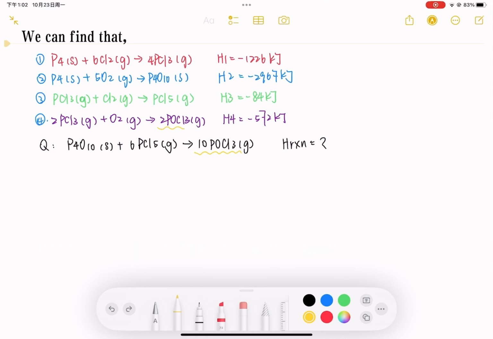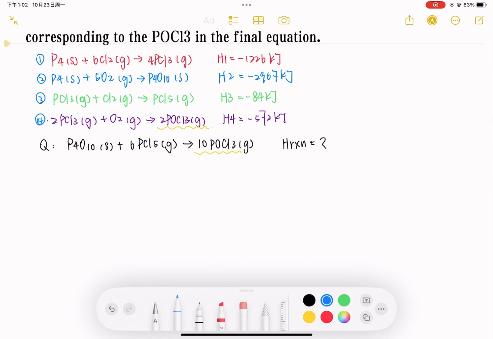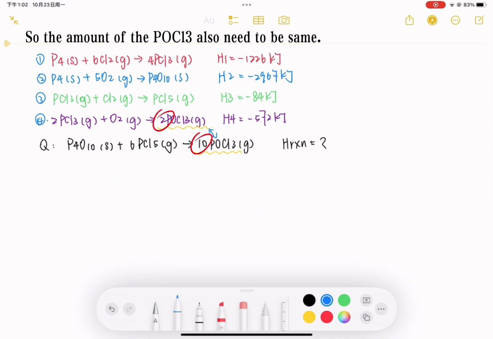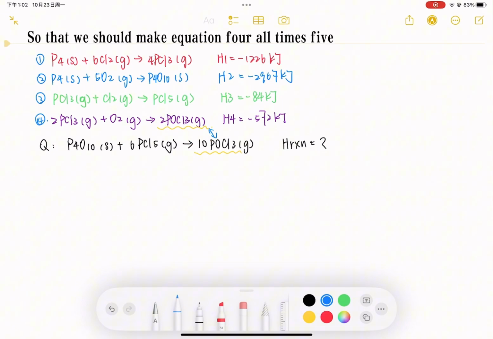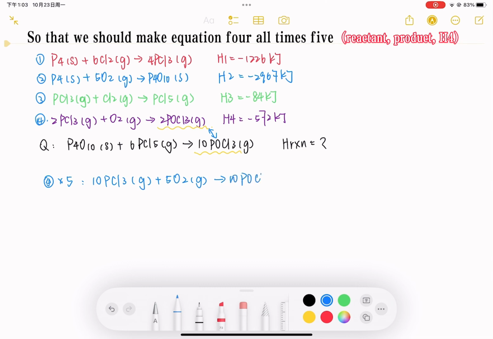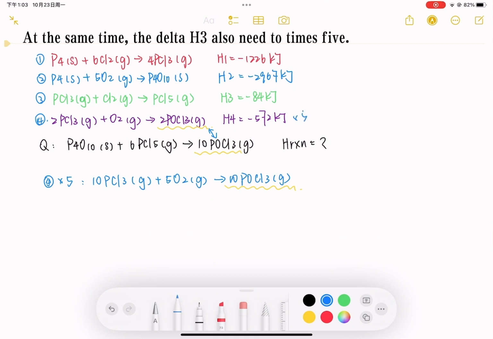We can find that only equation 4 has the product POCl3 corresponding to the POCl3 in the final equation, so the amount of POCl3 also needs to be the same. 2 times 5 gets 10, so we should multiply equation 4 by 5. Now they are the same. At the same time, delta H4 also needs to be multiplied by 5.